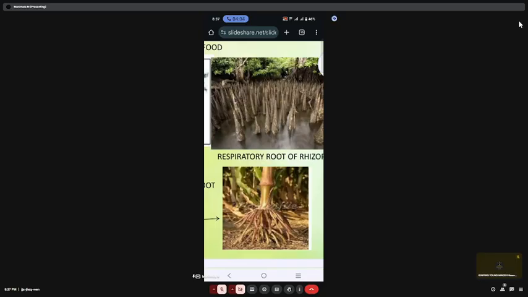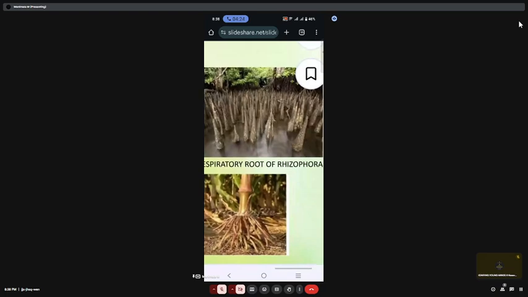Can you respond, others? Only she is answering. What about others? Everybody respond to each question. Who is there? Mangrove. Marshy area. Others also respond. Okay, mangroves. What is the condition of the soil in mangroves?